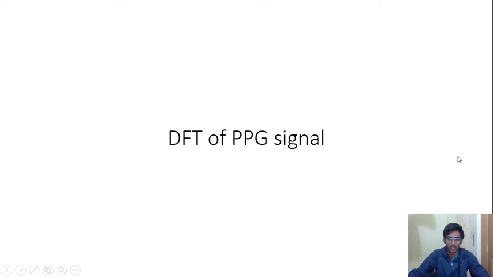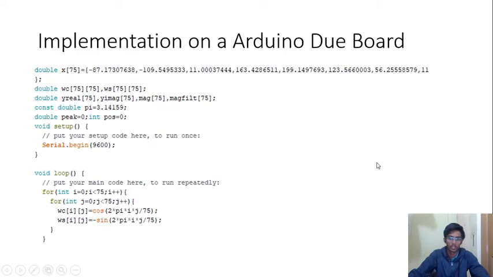So let's see how to calculate the DFT for the PPG signal. This is the implementation of this experiment on the Arduino Due board. Here this is the input sample. Now to find the DFT matrix, we have divided the matrix into two parts, the cos matrix and the sine matrix, and then we find the real and imaginary parts to finally find out the magnitude response.